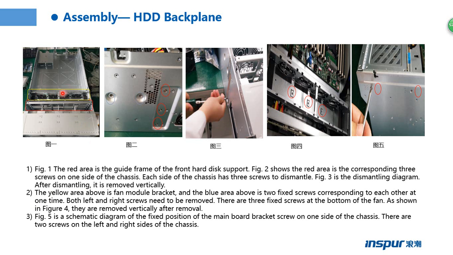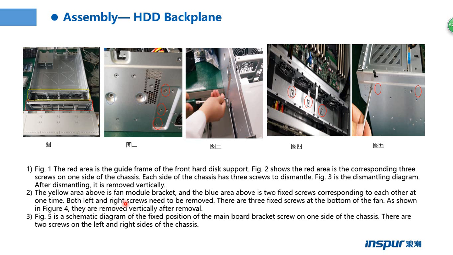The yellow area above is the fan module bracket, and the blue area above is 2 fixed screws corresponding with the blue screw. The blue area is 2 screws which fix the fan module's bracket.